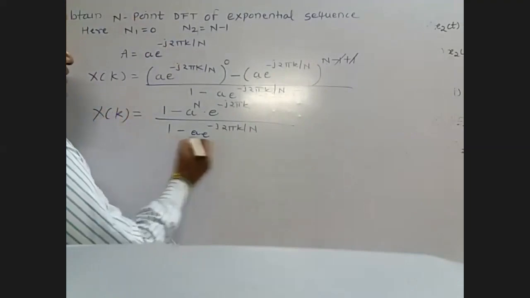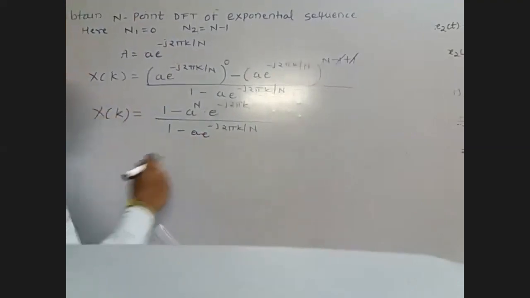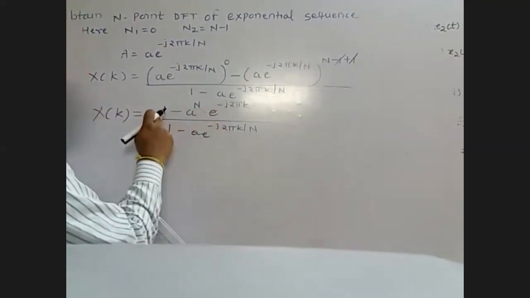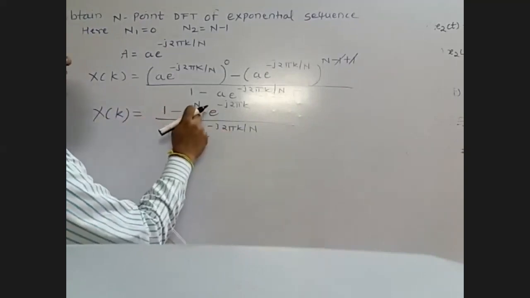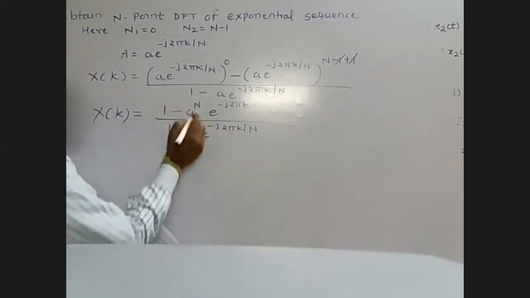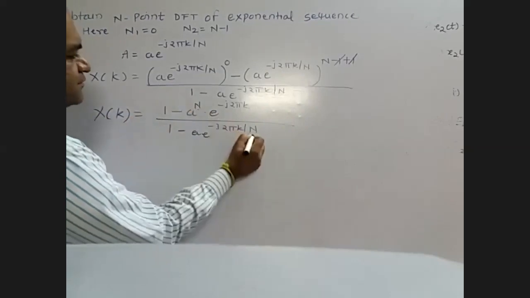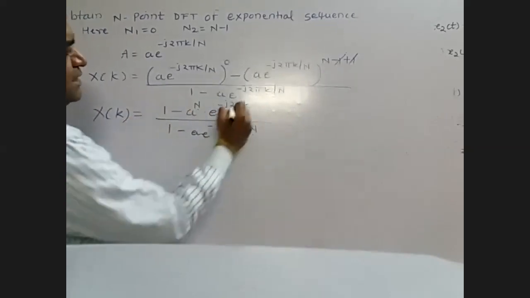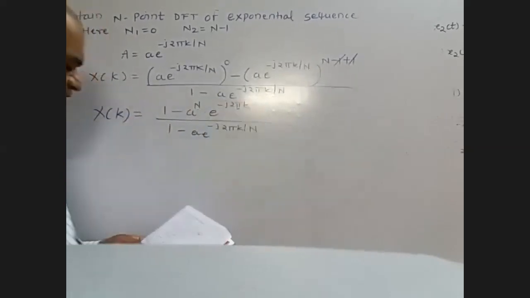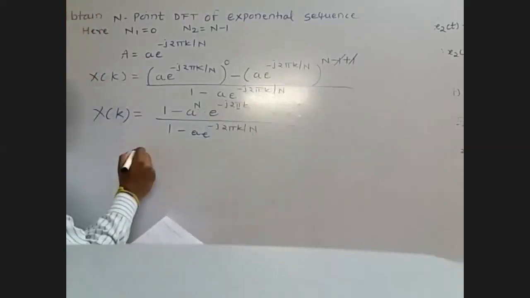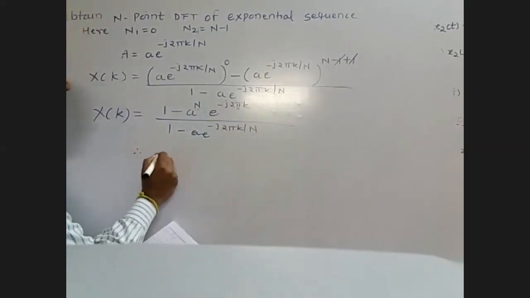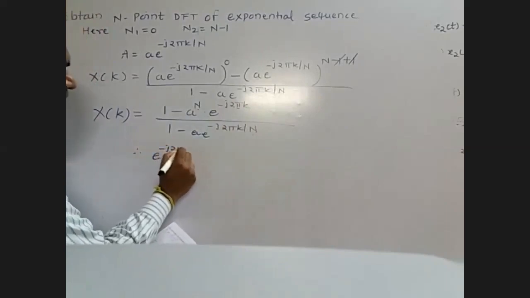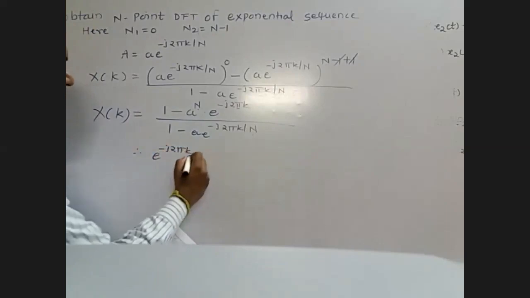Now here in this expression there is no change, but here in the numerator 1 minus a raised to n, this will also be an n term. So because of this n we cannot deduct, but here only this term will be present. Here it does not carry any value of n. So if I write e raised to minus j 2 pi k, that will be okay.